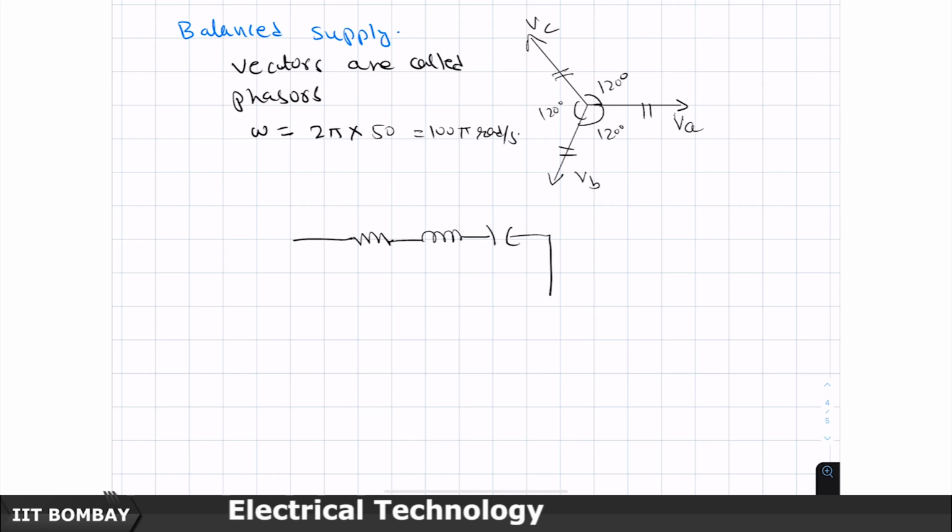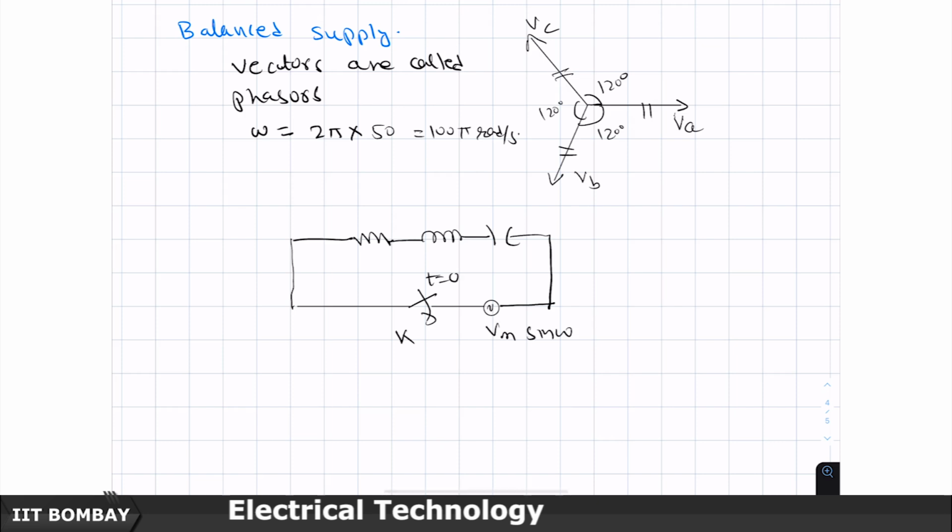series RLC circuit like this, and I have a switch, and let us say I close that switch at t equal to 0.